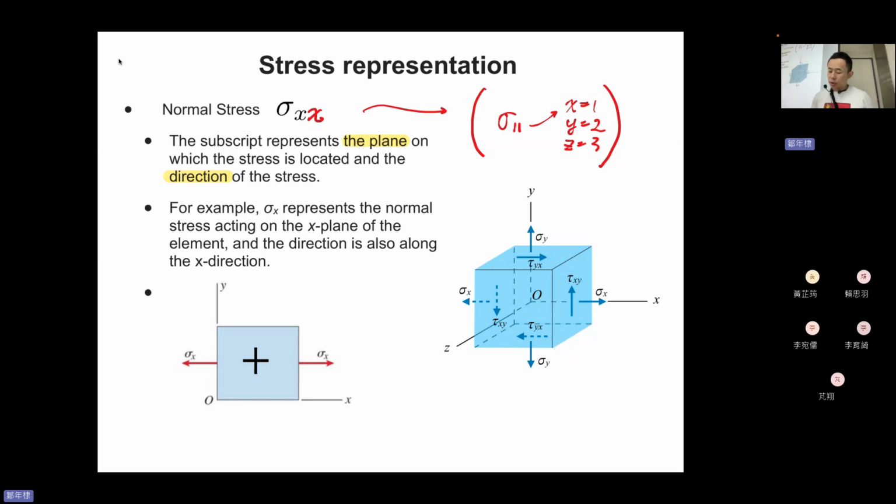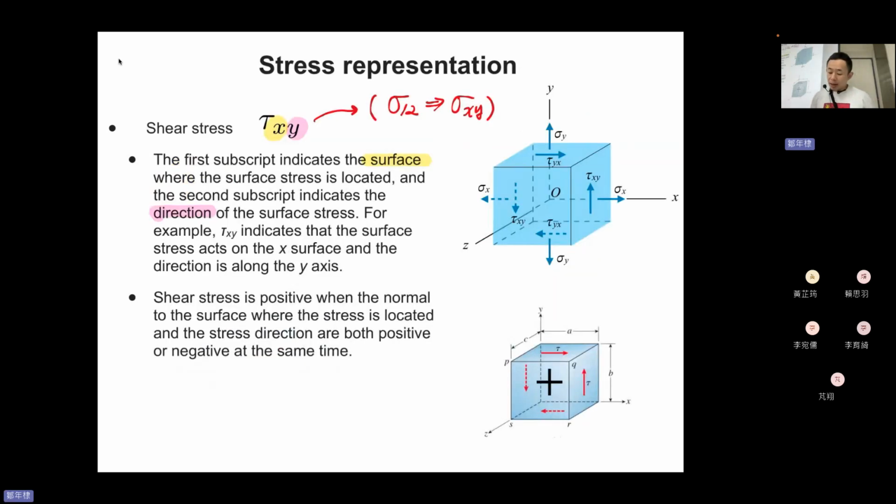So sigma 11, 22, 33 actually means sigma x, sigma y, and sigma z. In this course we use tau to represent the shear stress, but actually this is kind of meaningless, because when you see subscripts that are different, x and y, or 1 and 2, it means the first one is the plane or surface and the other is the direction, and they are not parallel.